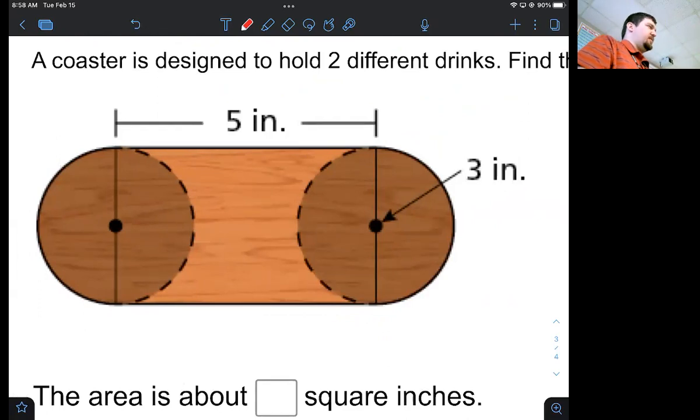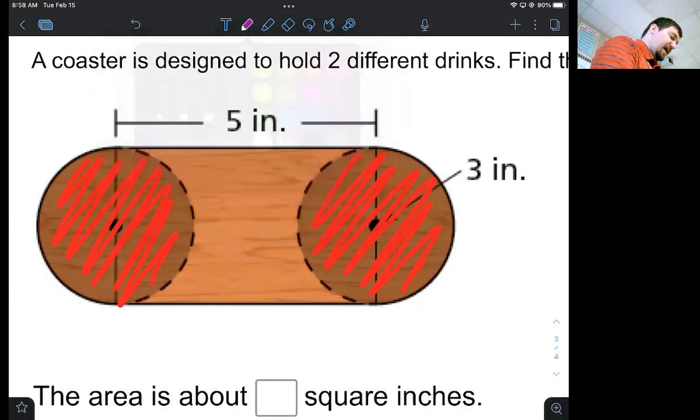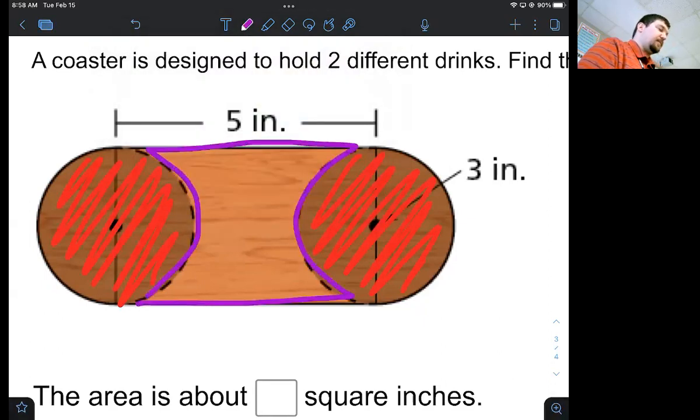Wait a second. Do you see 2 full circles? I do too. Here's why we can't use these 2 full circles. Because if we find the area of both of them, and we could very easily do that, look what's left. Do you know how to find the area of whatever this is? I don't either.